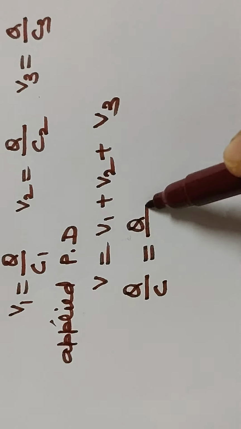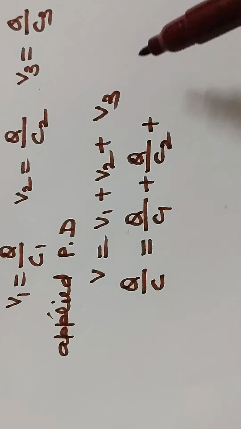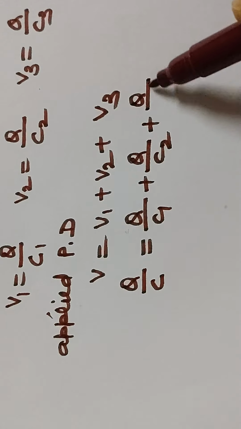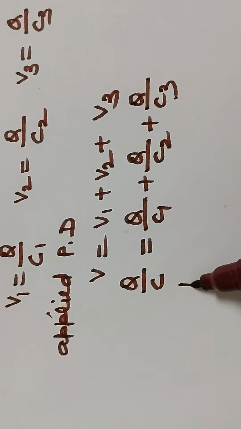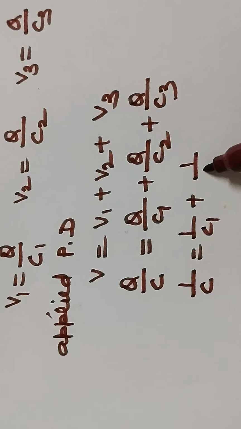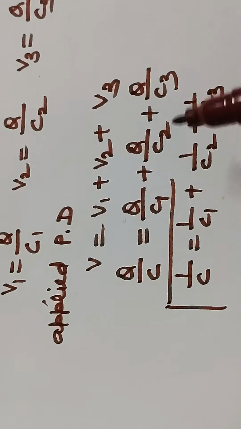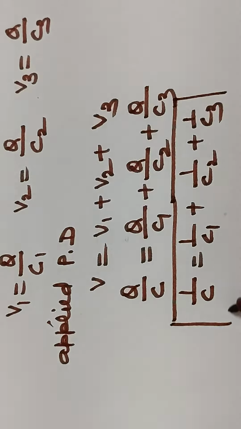So Q upon C1 plus Q upon C2 plus Q upon C3. So 1 upon C equal to 1 upon C1 plus 1 upon C2 plus 1 upon C3. This is the equivalent capacitance in series.